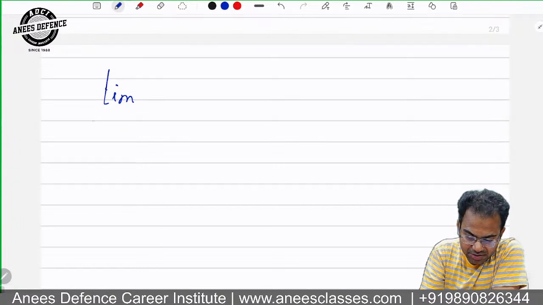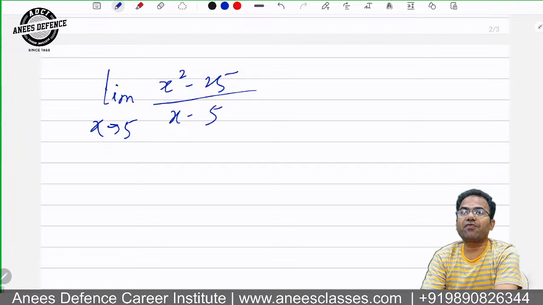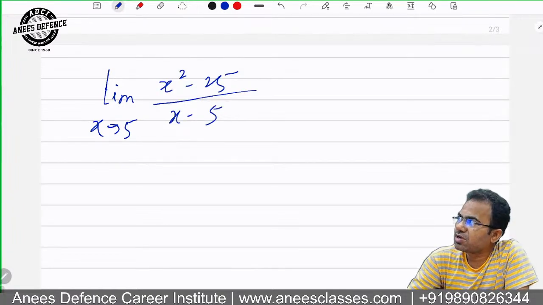Suppose that x tends to 5, x square minus 25 upon x minus 5. I want to find the limit of this.